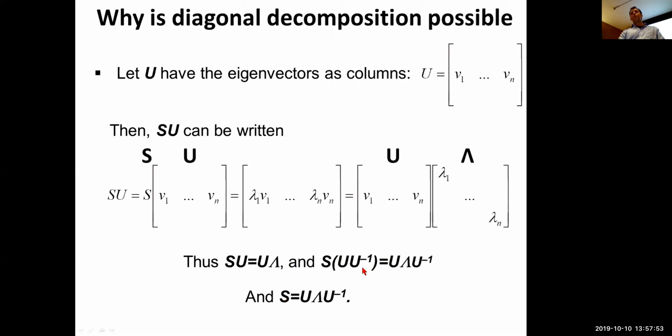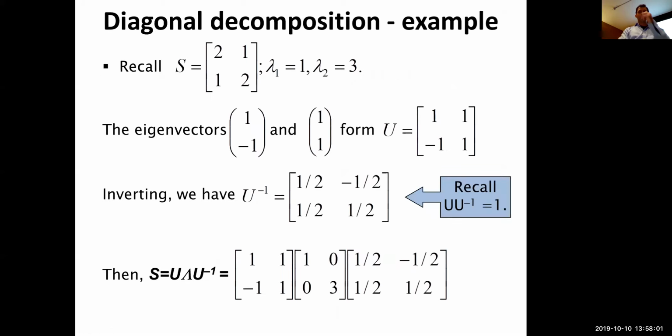Again, this is a non-defective matrix, therefore it's invertible. With me? Great, so that proves that it's possible. Here's an example of diagonal decomposition. You can take this matrix; these are the eigenvalues, these are the eigenvectors.